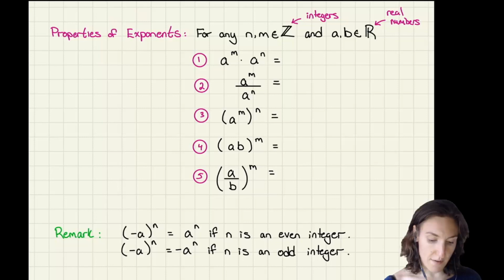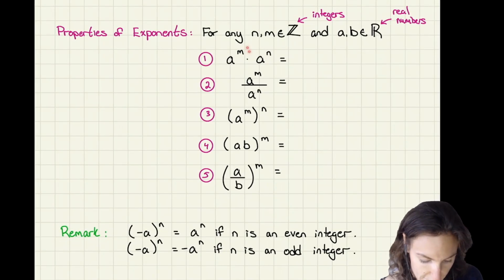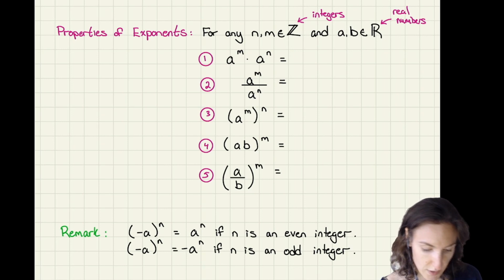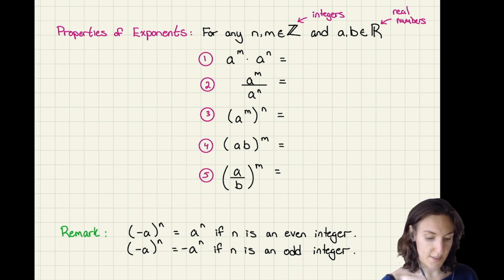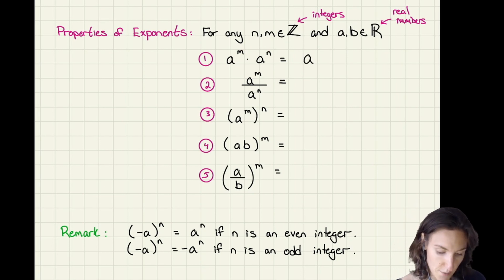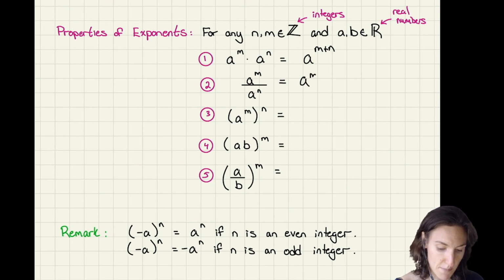If we have real numbers a and b, but m and n are integer values, if we have the same base and we multiply out an expression that looks like this, it's the same as taking our base and then adding up our exponents. If we have division, where we also have the same base, this is going to be the same as saying m minus n.